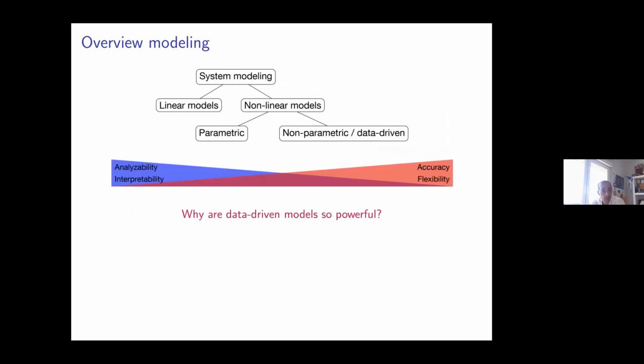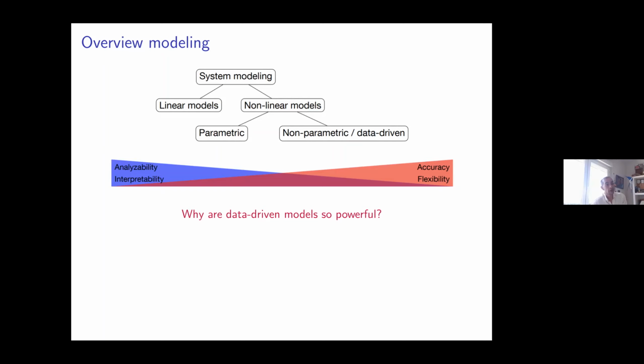So, an overview of the modeling of systems. We start with the system model. Then systems can be linear or nonlinear. For linear systems, there is a lot of analysis and interpretability. We know a lot. Problems of robustness appear, yet they are not as easy as we might think, but we know a lot. Nonlinear models can be parametric or non-parametric.